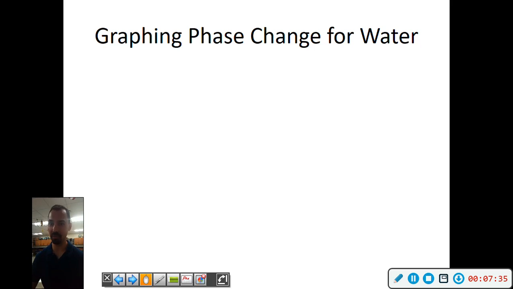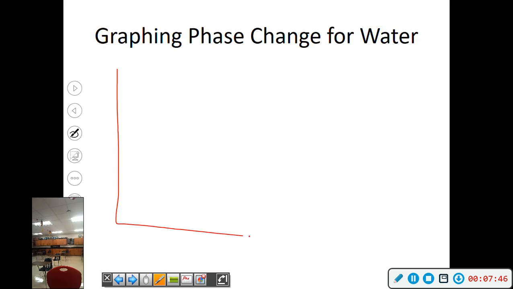So to graph it out, I'm going to do it over on the smartboard. For water, this is what the graph is going to look like. I'm going to start out at negative 10 degrees Celsius, which is below freezing, and time is going this way, increasing.